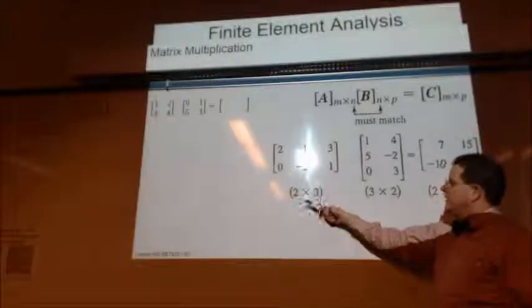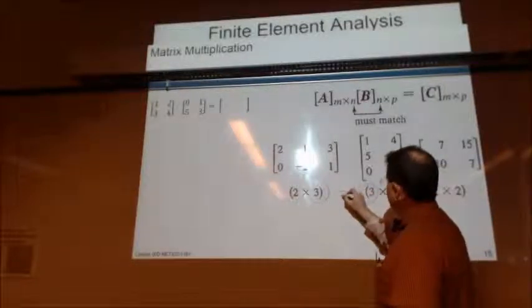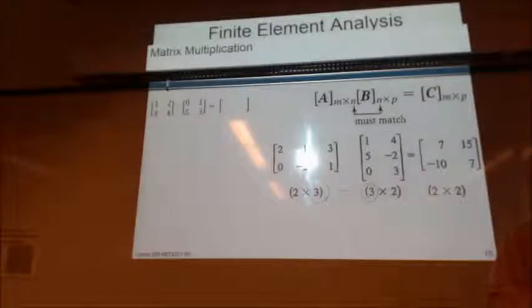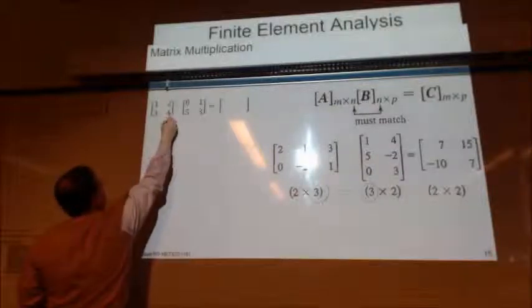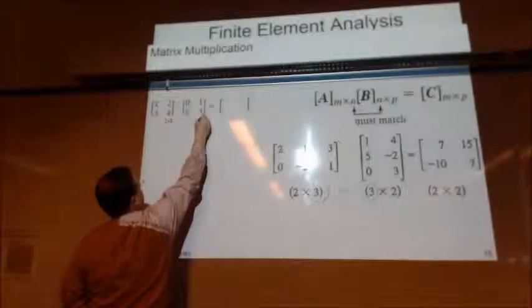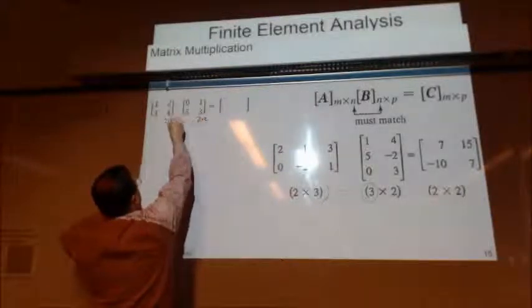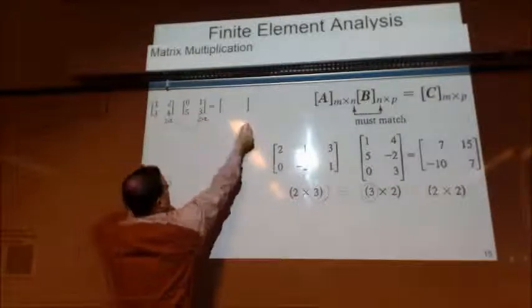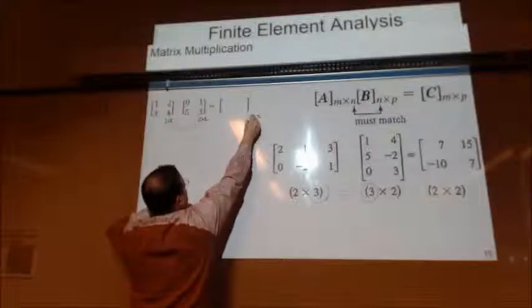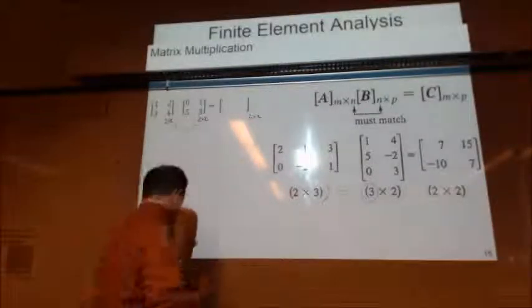So this 3 and this 3 have to be equal in order for you to do matrix multiplication. This one is a 2 by 2 times a 2 by 2. So these two are equal, so that's okay. And we're going to end up with a 2 by 2 matrix because you're looking at those two values.